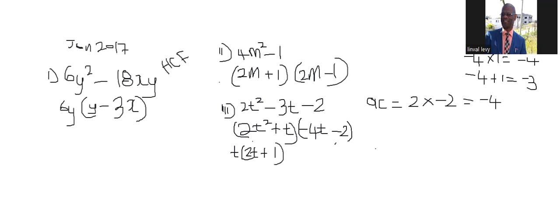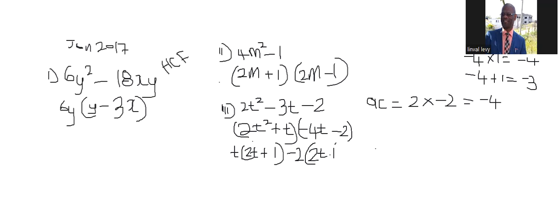Then 2 is a common factor here: -4t divided by -2 is equal to positive 2t, and -2 divided by -2 is positive 1, right?